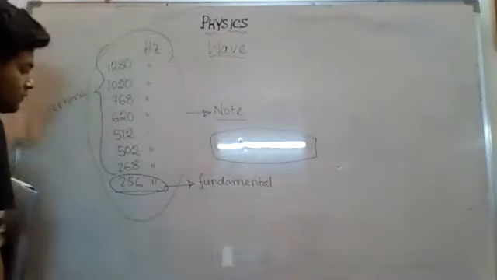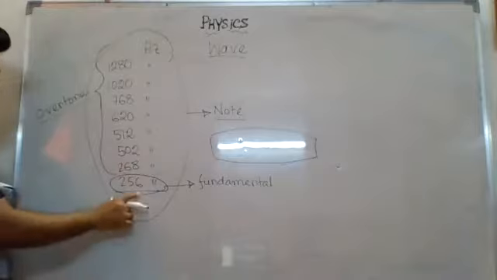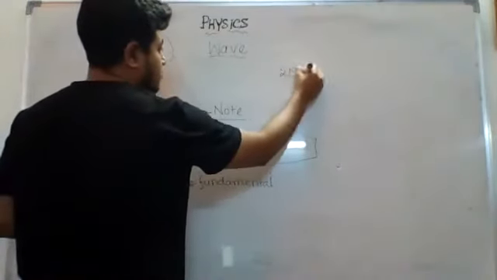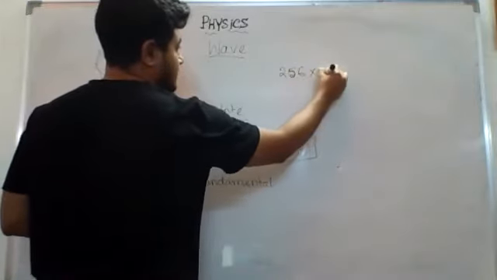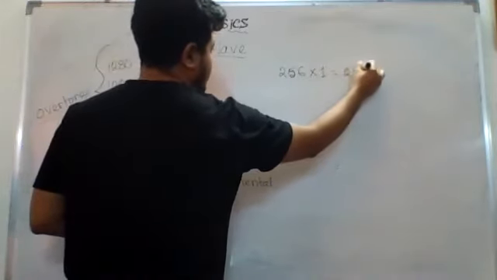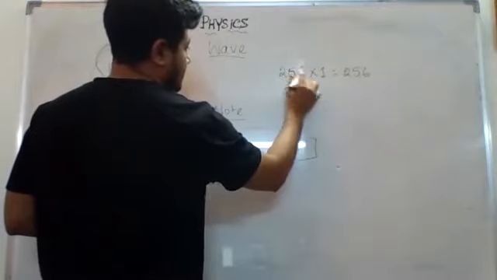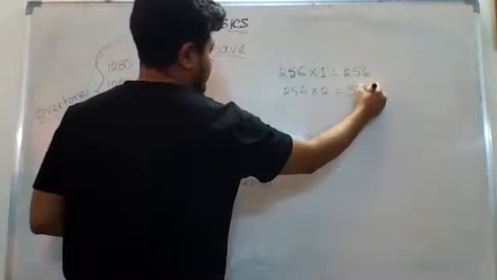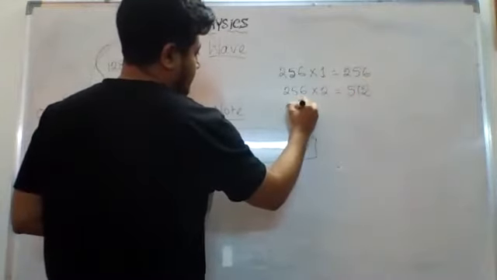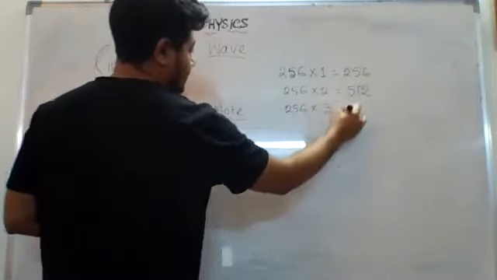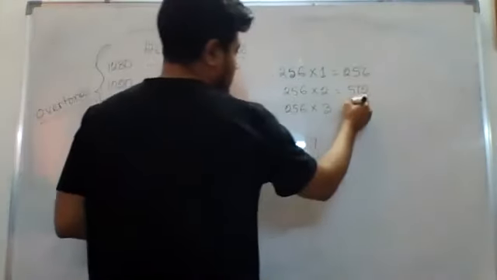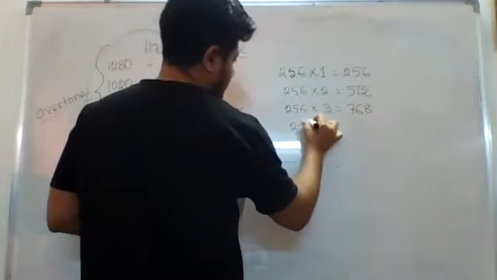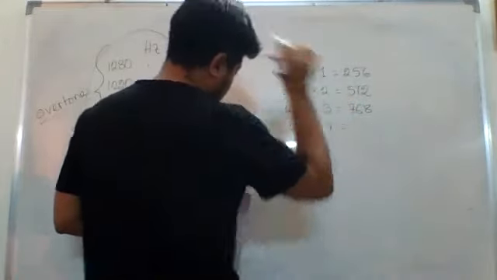So when will we call it a harmonic? See, the multiples of the fundamental tone. Multiple of the fundamental tone means, see, 256 into 1 gives us 256. 256 into 2 gives us 512. 256 into 3, what do we get? 768 maybe, right? And 256 into 4, what will we get?